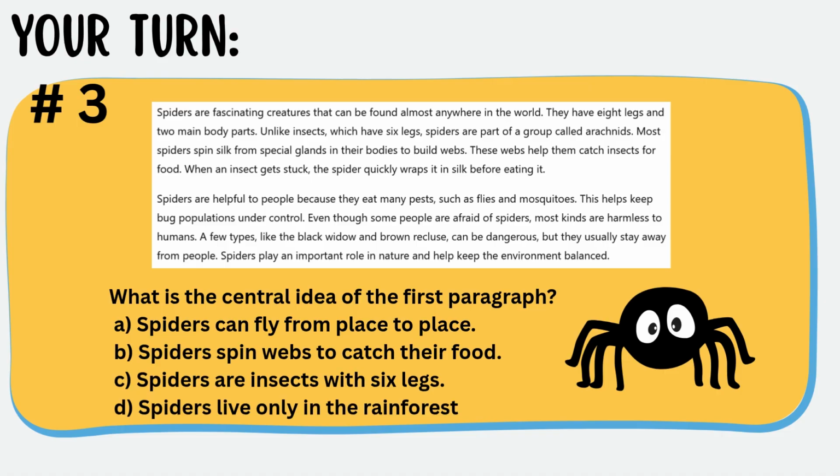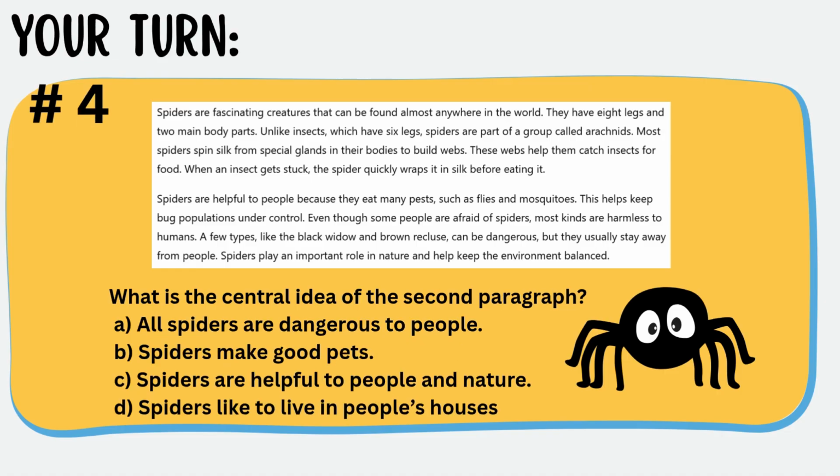Topic plus the point is the central idea. All right. Now let's look at question number 4. Again, same text from question number 3. Pause the video and look at what is the central idea of the second paragraph. Again, think topic plus the point is the central idea.